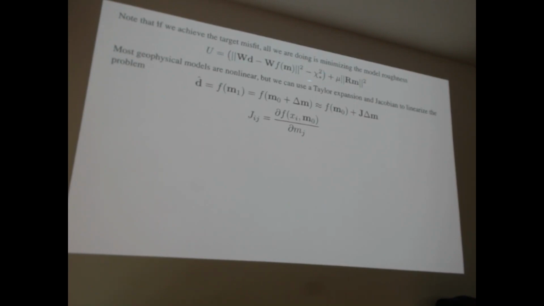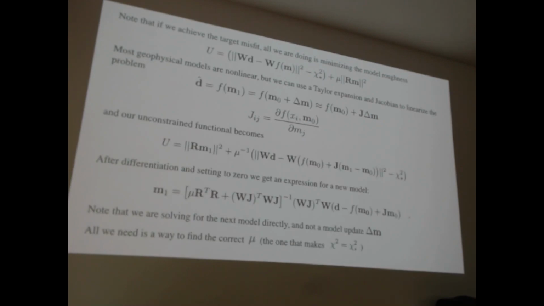That's the basic Occam equation. F of m is nonlinear, so we'll bring in our good friend the Jacobian matrix and linearize around some starting model. So f of some new model m is f of the starting model plus some unknown step, which is approximately equal to the forward function of the starting model plus the Jacobian times the model step.